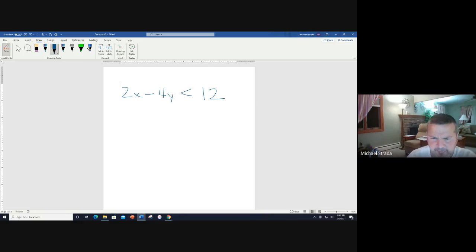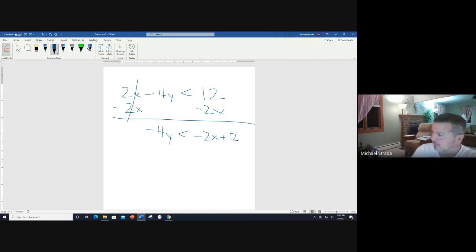All right, right now at this point in the game, the best thing we can do is solve for y. So I would subtract 2x from both sides. Again, this is our little equation, so negative 4y less than negative 2x plus 12. I'm then going to divide by y's coefficient, which is negative 4. Remember to divide everything, both the x and the constant.